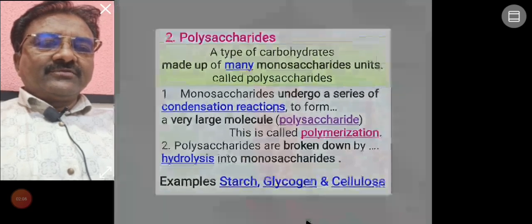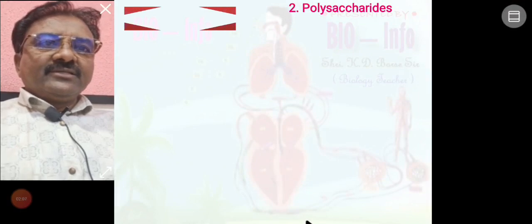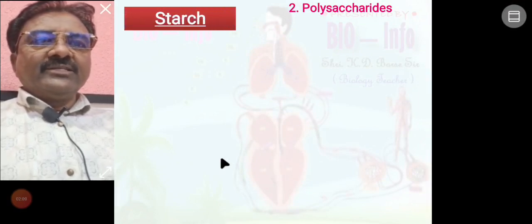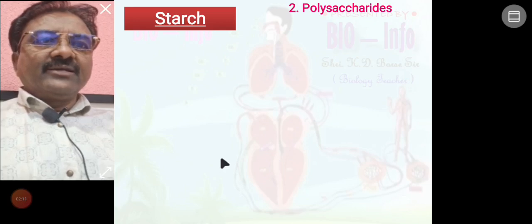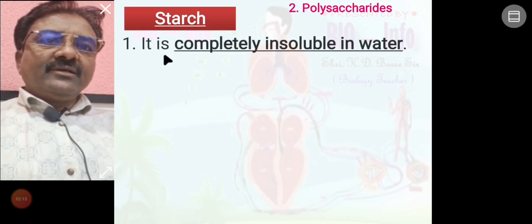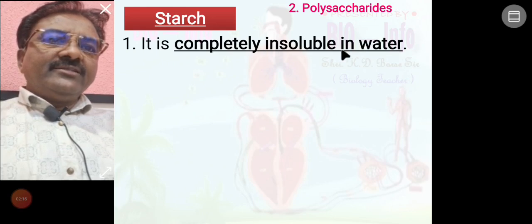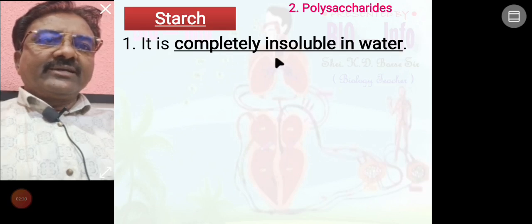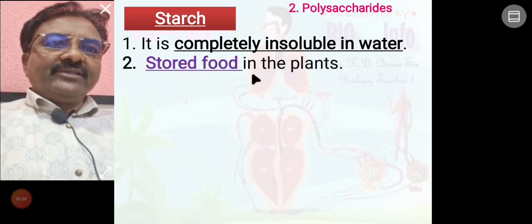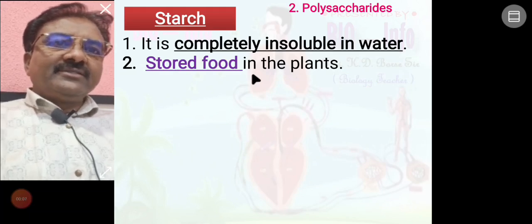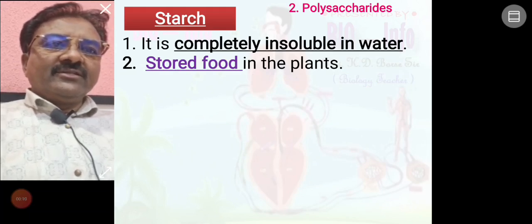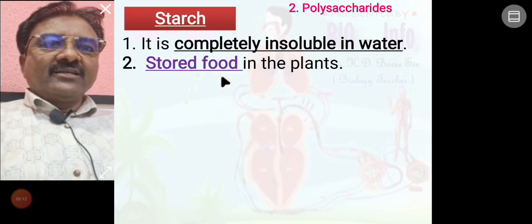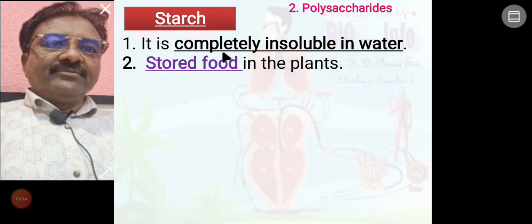So the first one is starch, one of the polysaccharide carbohydrates. It is completely insoluble in water. This is the most important characteristic feature. Starch is completely insoluble in water. It is stored food in the plant. Inside the plant, starch is a stored food material.